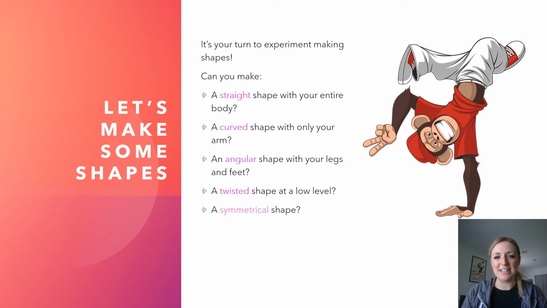For those of you that need a recap, symmetrical is a shape where if we cut ourselves in half right the way through from top to bottom, it would look the same on both sides. So a symmetrical shape I could make right now from what you can see of me might be this move. And then if you cut me in half, it's the same on both sides. So can you try making a symmetrical shape? Perfect.